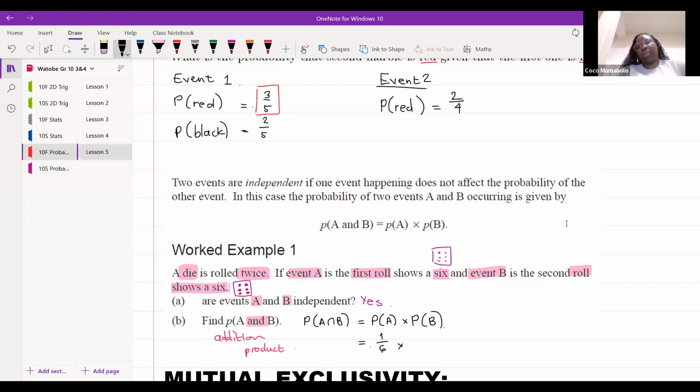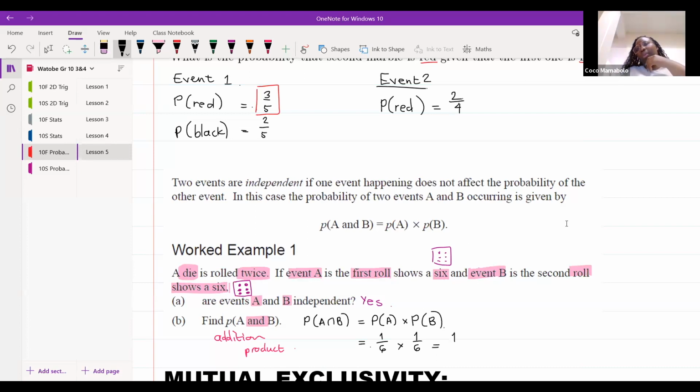Correct. So what's the probability if we're throwing a 6? 1 over 6, correct, because it's a different event, right? So what is 1 over 6 times 1 over 6? It's going to be 1 over 12.